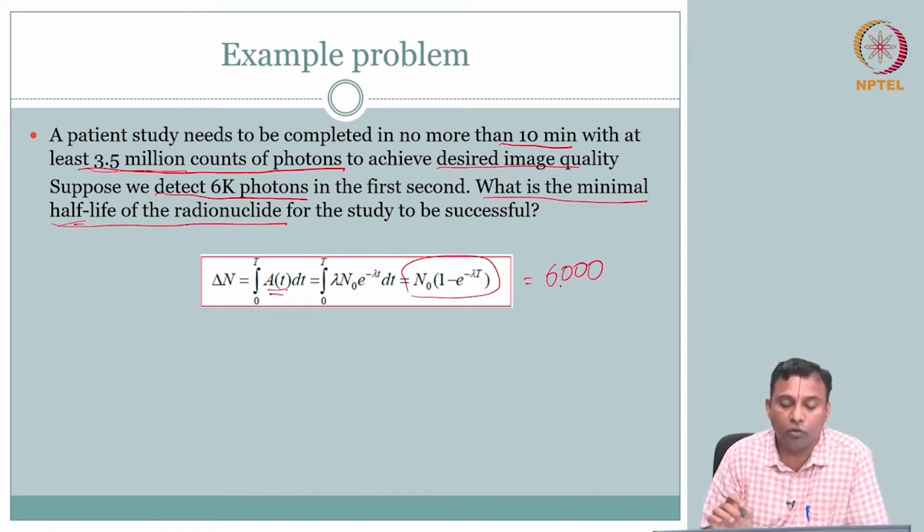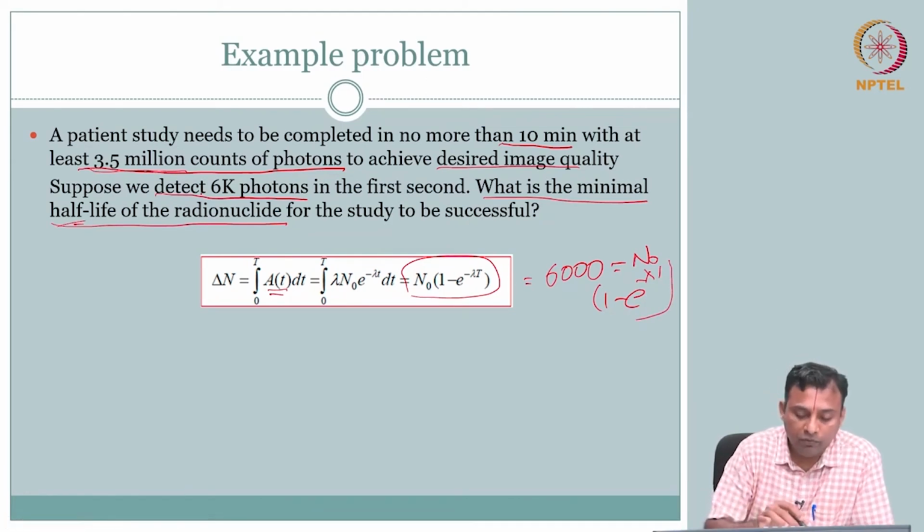This is the number of photons detected. So delta n is this, and here I am given n naught times 1 minus e power minus lambda t is given to be 6000. So this is from the first information.